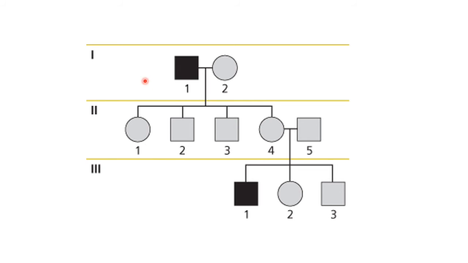So this is what a pedigree looks like. For example, this means that the male has either the disease or the trait of interest or whatever it is that you're trying to follow. That's why the male is shaded in. So this person right here is carrying that trait. Since this person here, the female, is not shaded, that means that the female is not carrying the trait.